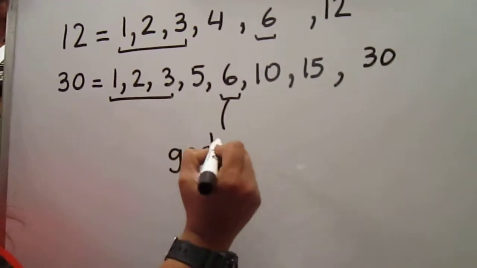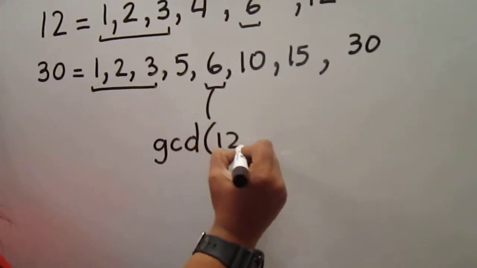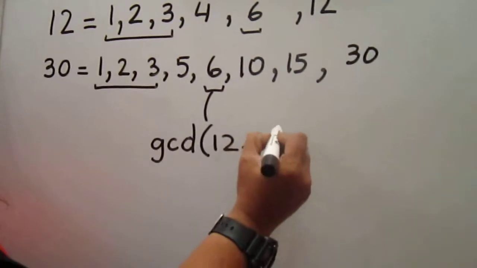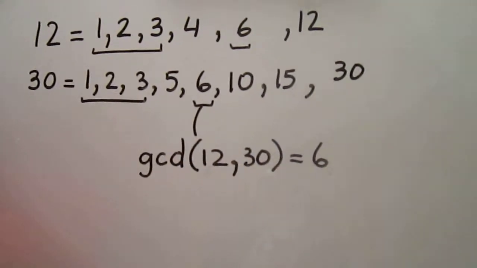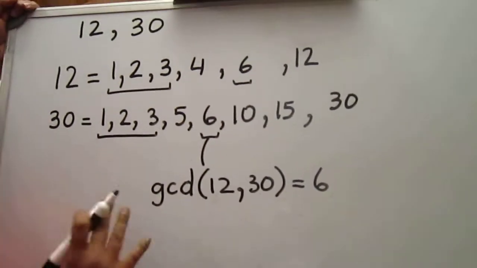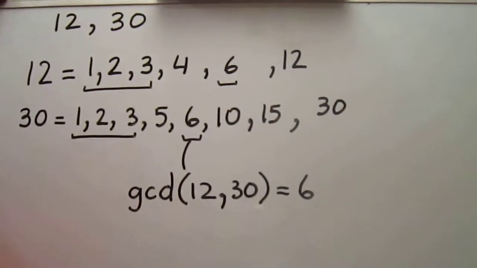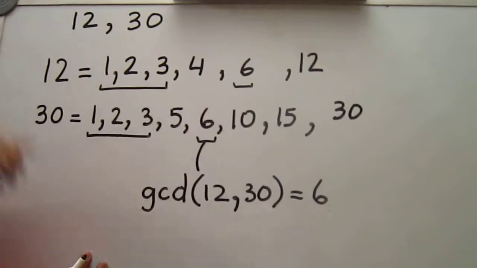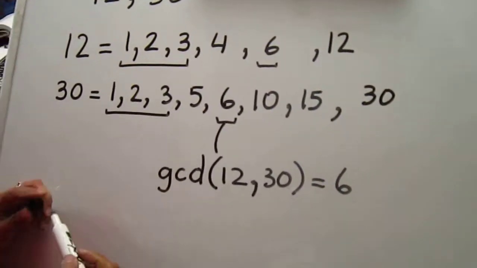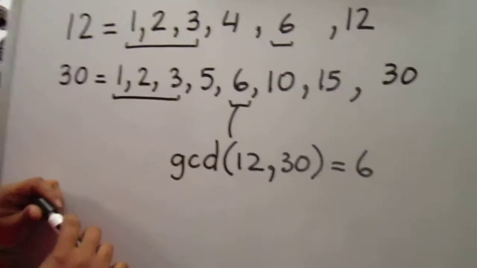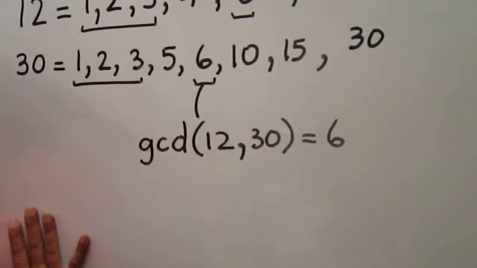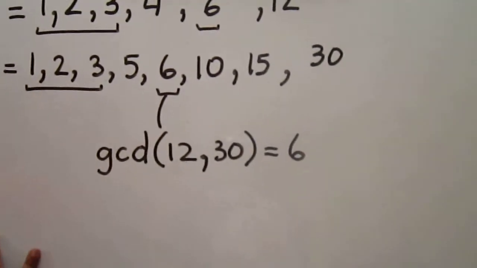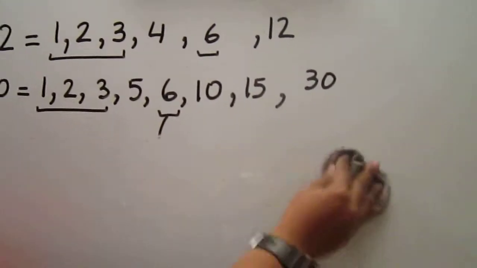The symbol is GCD of 12 and 30 equals 6. So this is an excellent way to find greatest common divisors for small numbers. However, when it comes to finding the GCD of larger numbers, this process becomes cumbersome. So Euclid came up with a more efficient process in his Elements.